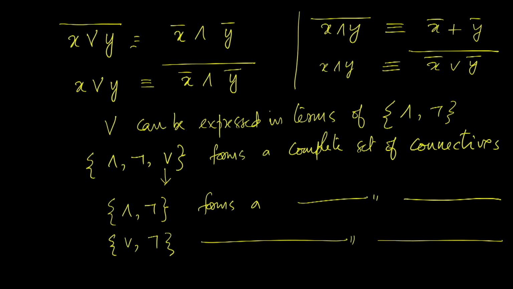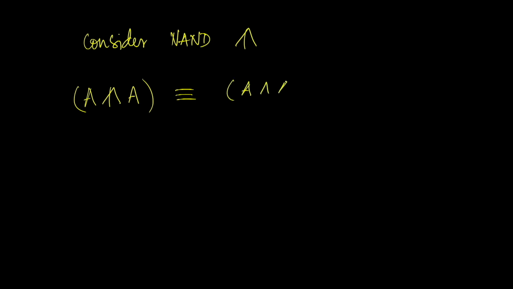Is there a smaller set of connectives that is complete? There is indeed. For example, consider the NAND function, denoted like this as an up arrow. What is A NAND A? A NAND A is equivalent to A and A, the whole complement.